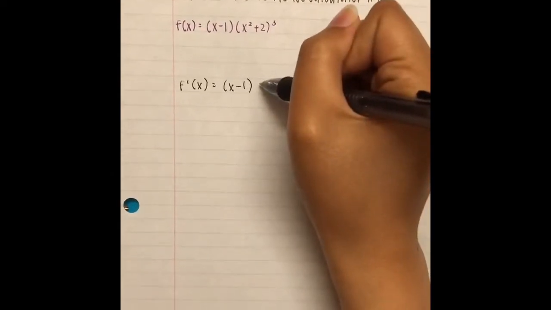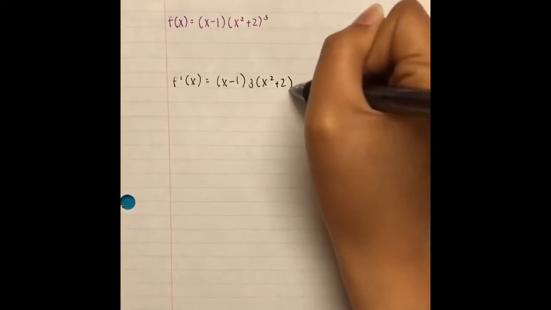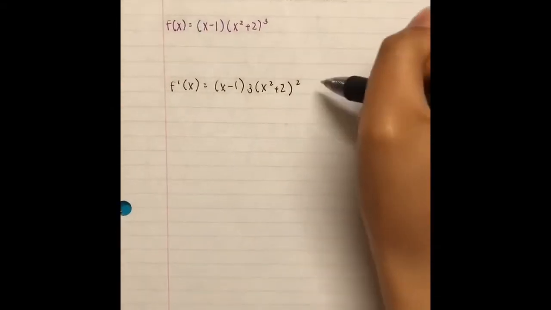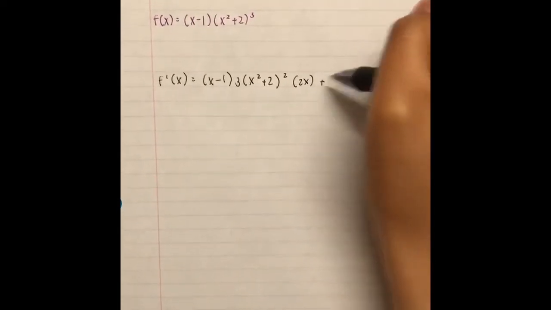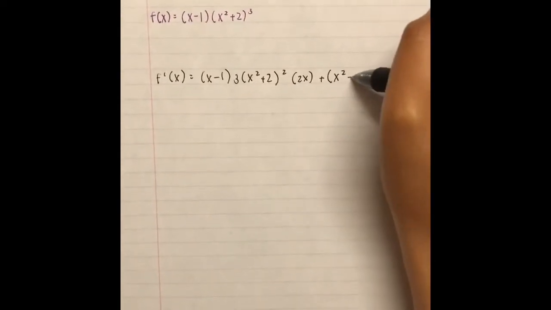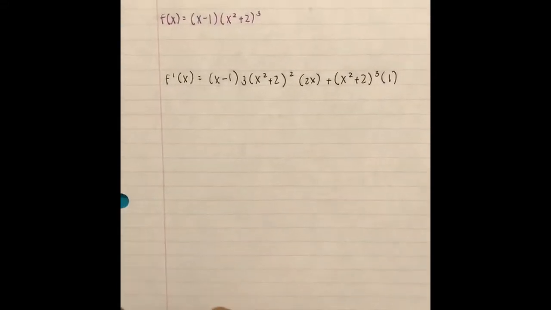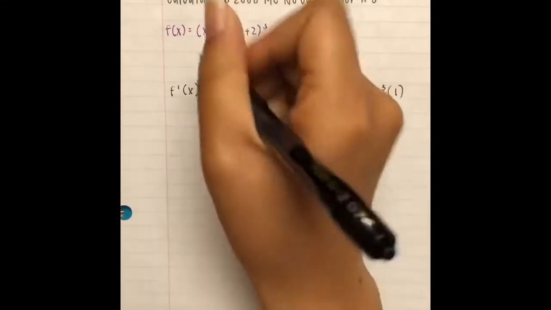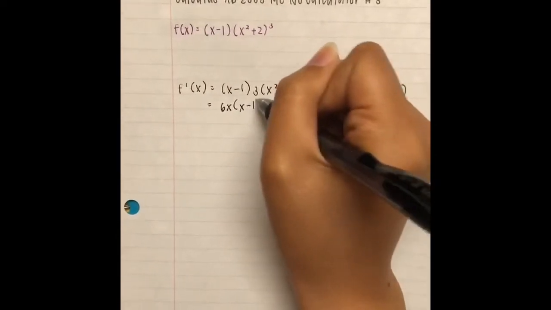And so the outer, which is regular power rule, times derivative of the inner, 2x, plus second times derivative of first. And so I will be multiplying these together so that it looks nicer, more condensed.